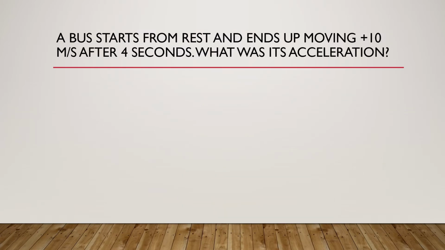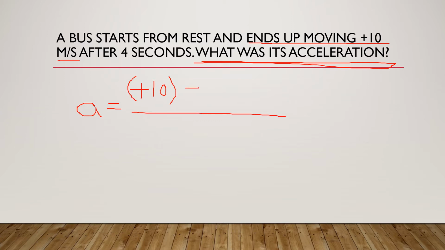Okay. A bus starts from rest and ends up moving plus 10 meters per second after 4 seconds. What was its acceleration? Okay, so if we're looking for acceleration, we know we're going to do final minus initial divided by time. It says ends up moving plus 10. Well, that's clearly the final. All right? Minus, what was the initial or the starting velocity?